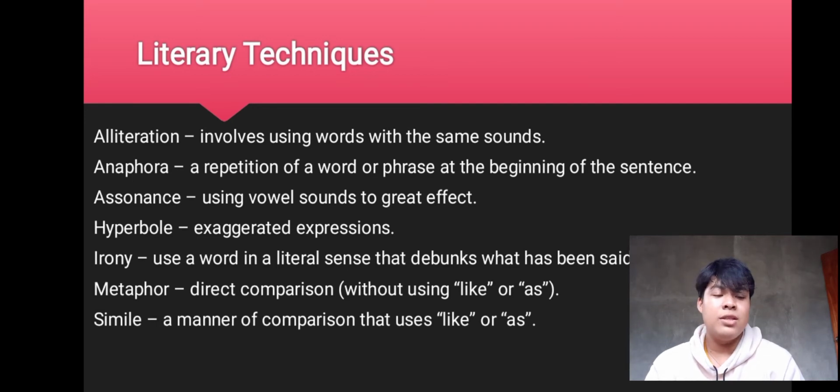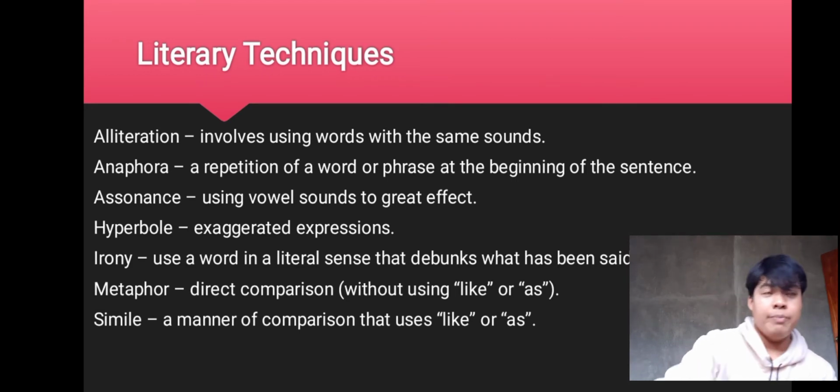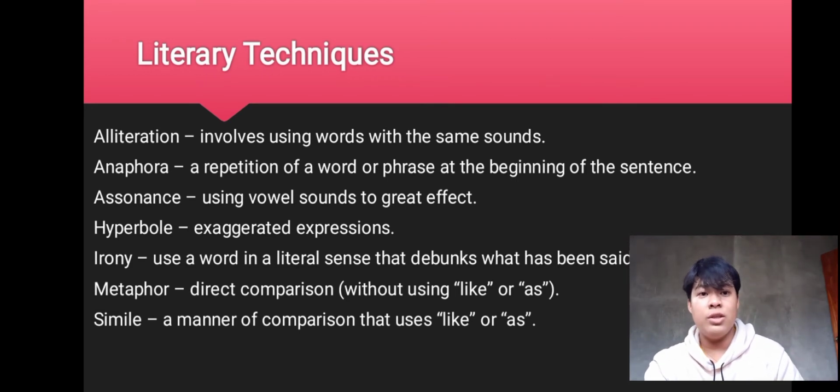When you examine the sound, quick, "qui," and question, "qui," they have the same sound. So both begin with the same sound. That is what you call alliteration.